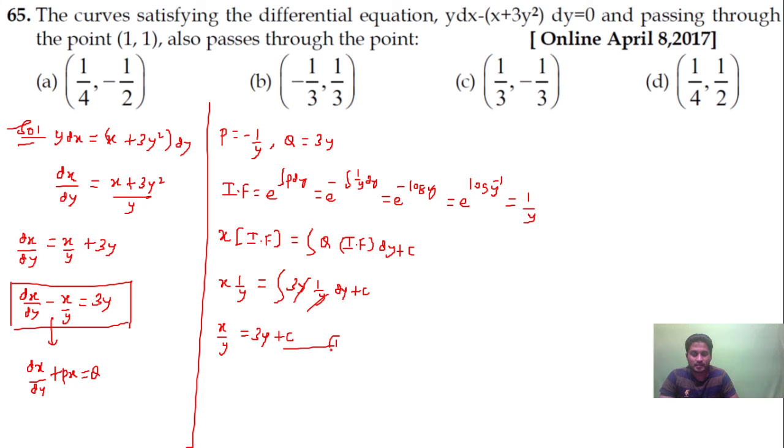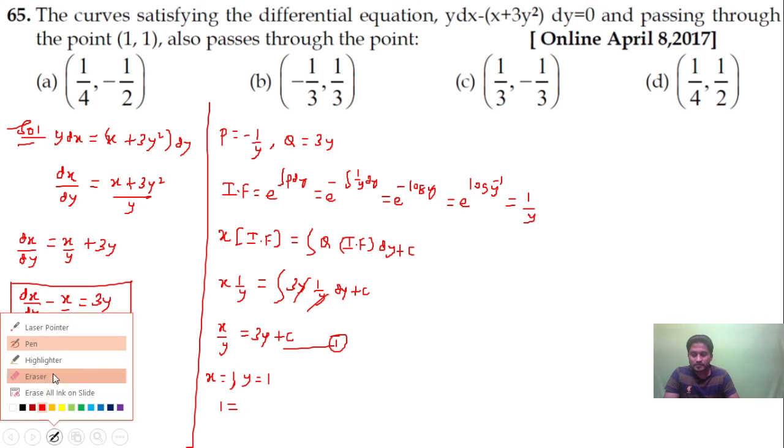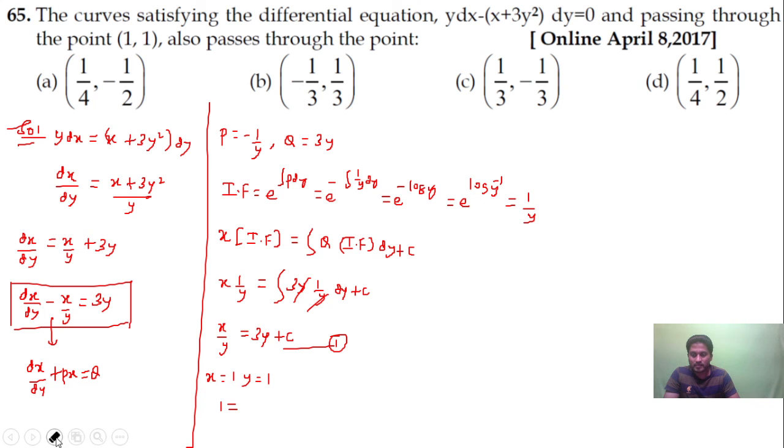Call this equation 1. It is given in the question that it passes through the point 1 comma 1. So if you put x is equal to 1, y equal to 1, you get 1 is equal to 3 plus c, so c is equal to minus 2.